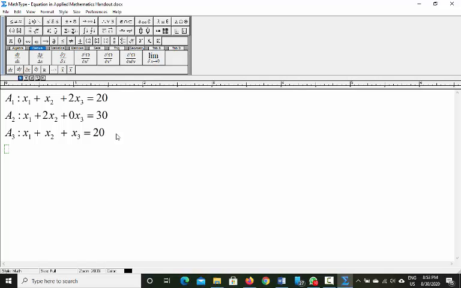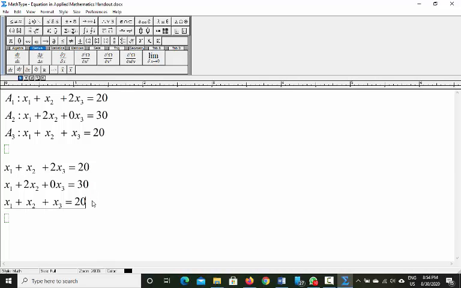So let us remove these. These are the three equations we have. This is the first equation, this is the second equation we have, and this is the third equation we have. Now we will solve this.